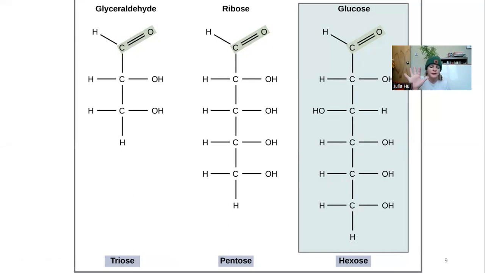Pentose is 5, like pentagon. And -ose means it's a sugar. Hexose is a 6-carbon sugar. The one we see the most often is glucose, because that's the one we care about the most. It's really important for energy production and movement across membranes. It's a precursor for a lot of our biomolecules and our metabolic pathways. Okay.